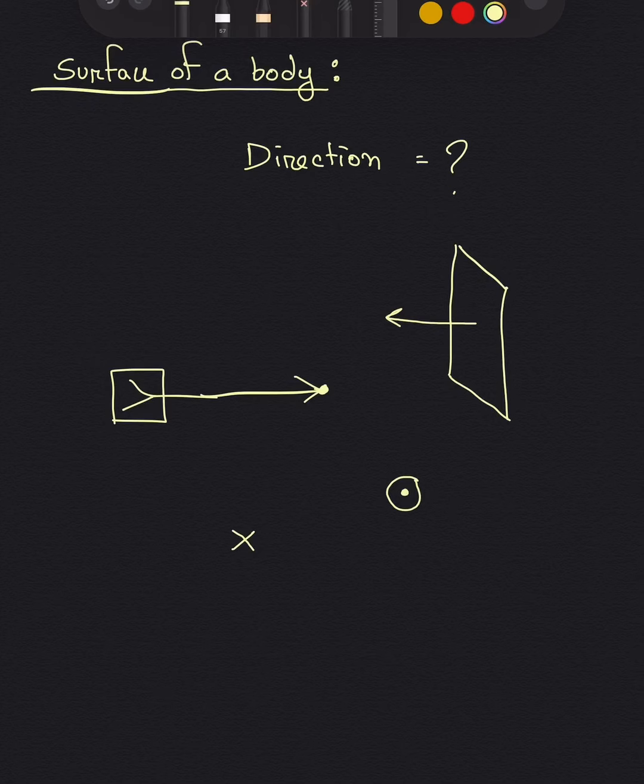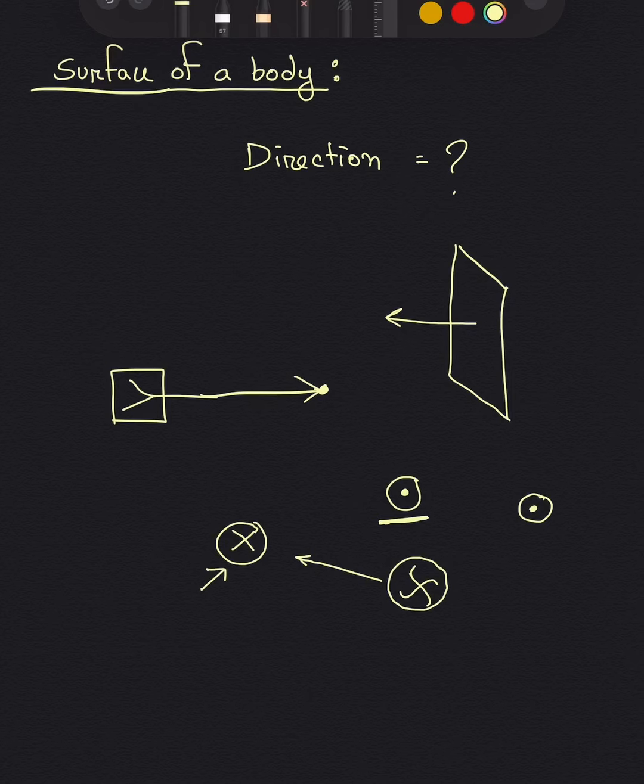Practically the feather is like this, but in physics we will denote it as a cross. So in every case we can say the direction of the surface of a body is like this dot whenever you are looking at the surface. But if the surface has opposite direction, then we will write it as a cross.